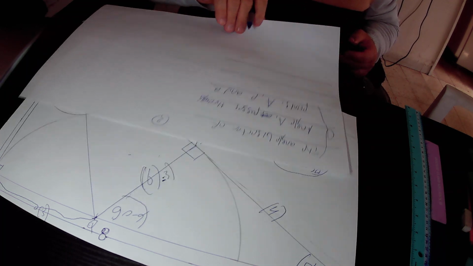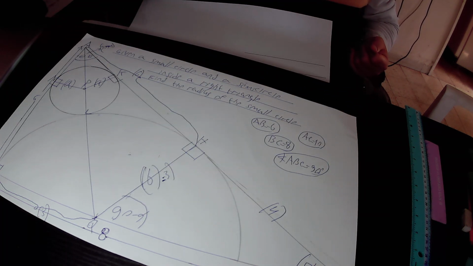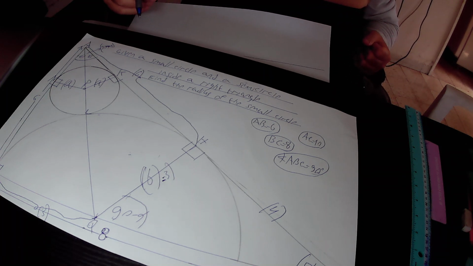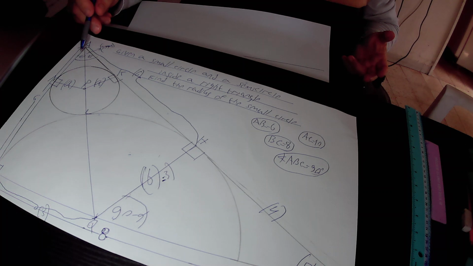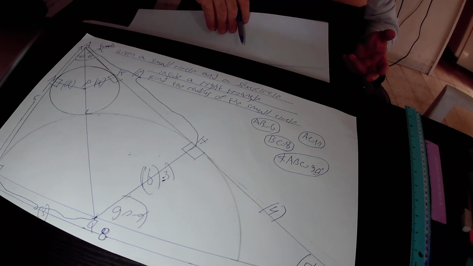But the angle bisector of any angle is a straight line. Again, the angle bisector of any angle is a straight line. And especially the angle bisector of this angle A is also a straight line. So I write it down.